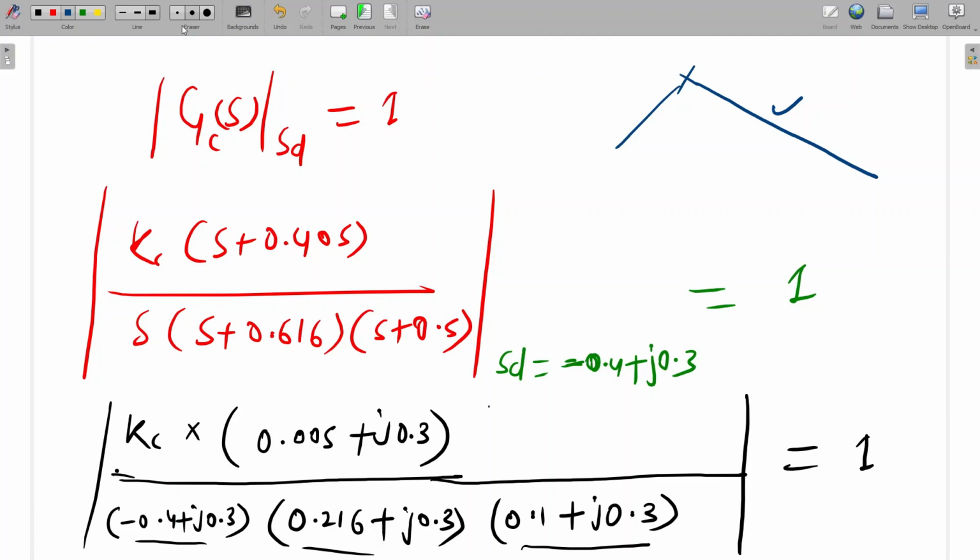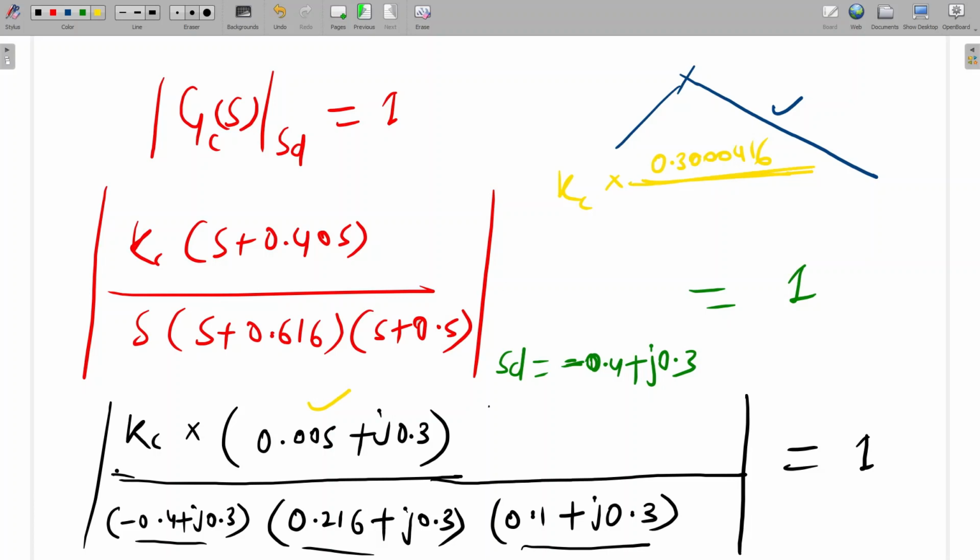What will be the value? Kc into, what will be the magnitude for this complex number? Under root a square plus b square. So 0.3 square plus 0.005 square. That's the same 0.3000416.